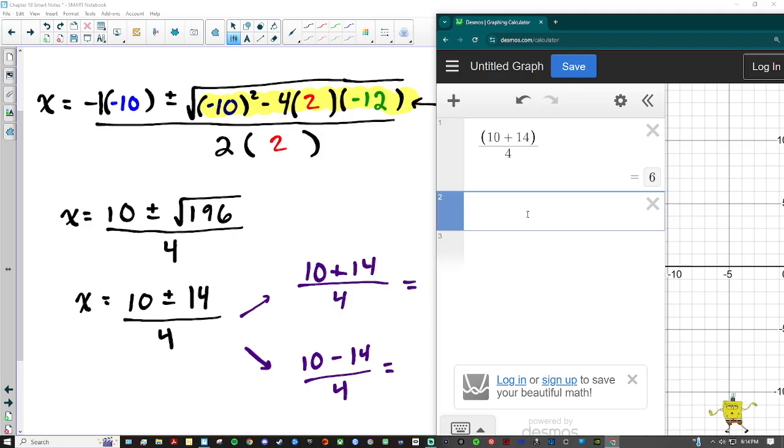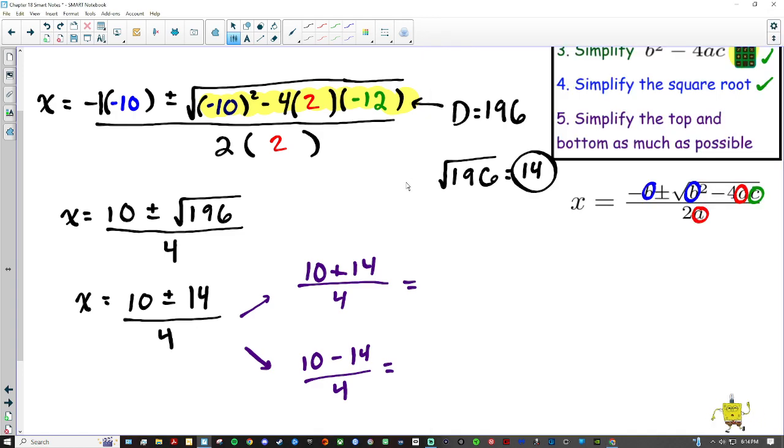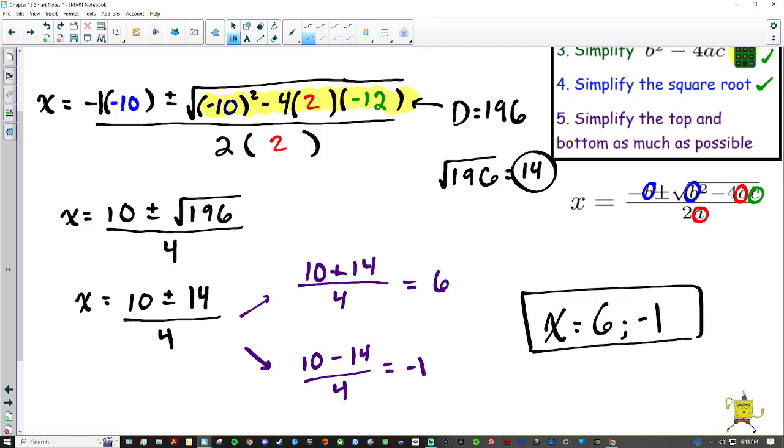So if I put it in parentheses, 10 minus 14 divided by 4, I get everything divided by 4. So my two answers are 6 and negative 1. So my answer is x equals 6 and negative 1. And that is our very first quadratic formula problem.